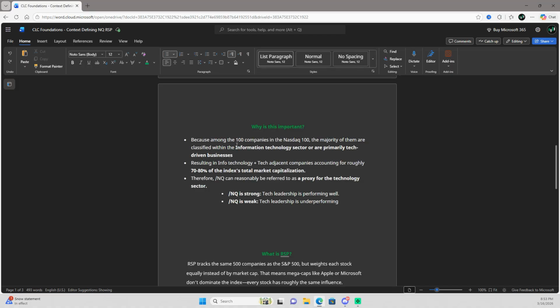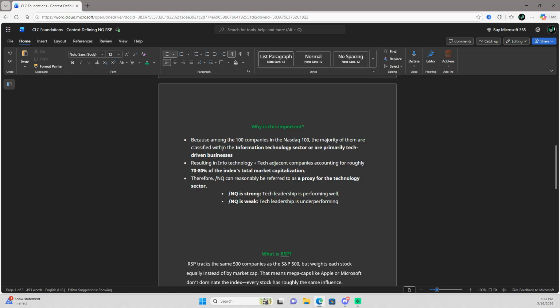So obviously you've got your IT sector names like Apple, right? A lot of big names. Tesla, for example, which is listed in consumer discretionary, is primarily a tech-driven business. So although it's not listed in IT, I like to classify it as a tech company, because it's primarily tech-driven, right?